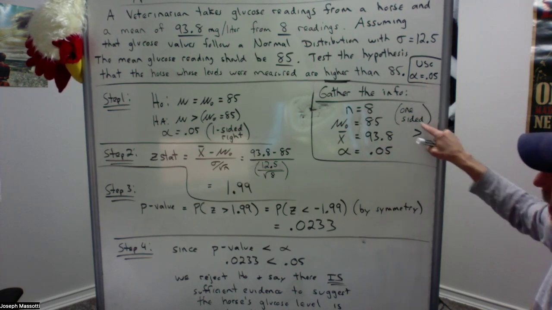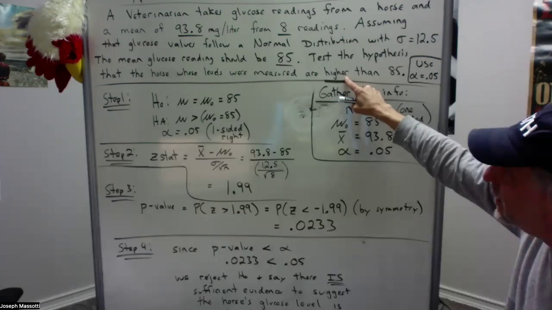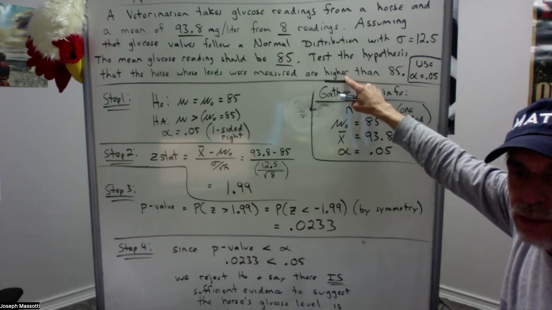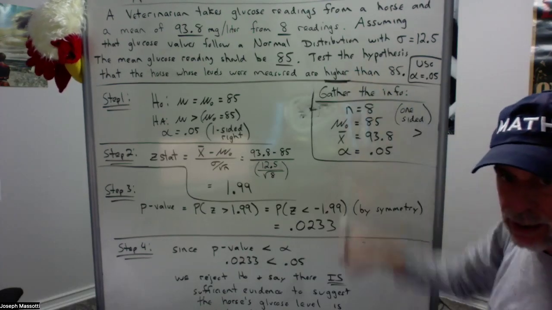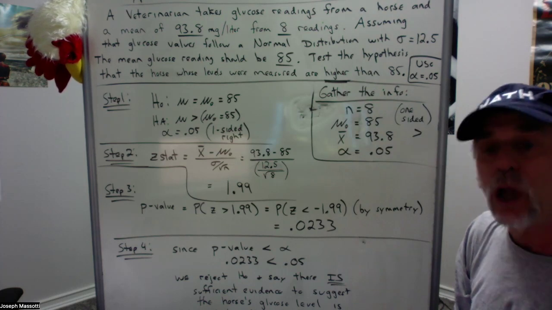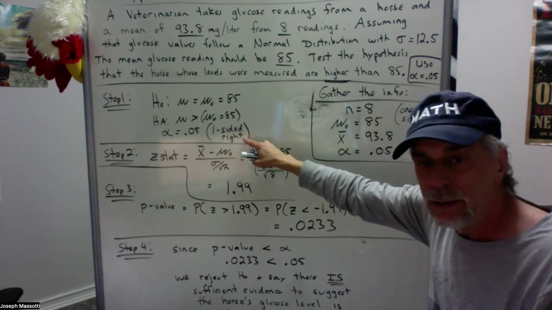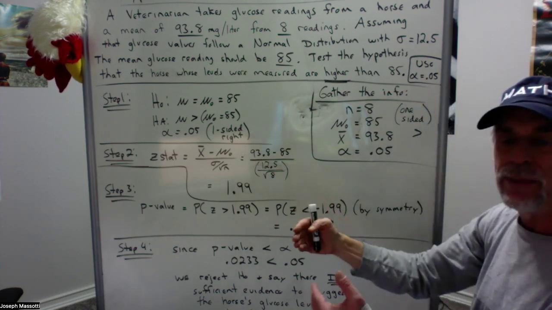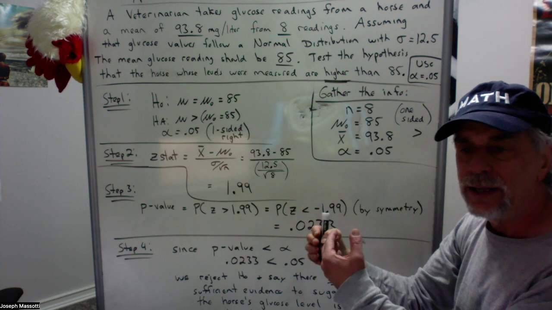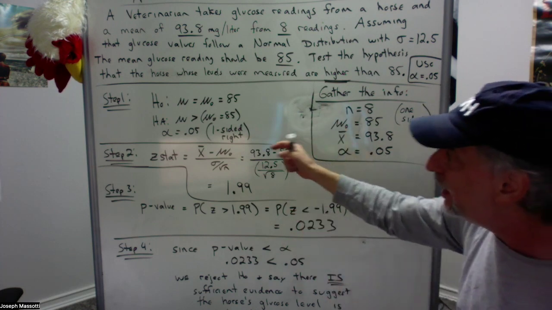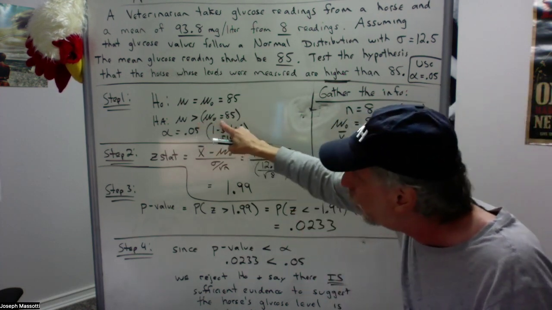It's one-sided because we're looking for evidence that the horse that we measured is higher. If we wanted to show that it was lower, then we would call that a one-sided to the left. Okay, this is a one-sided to the right because we're looking for evidence that the mean glucose level is higher than what we think.